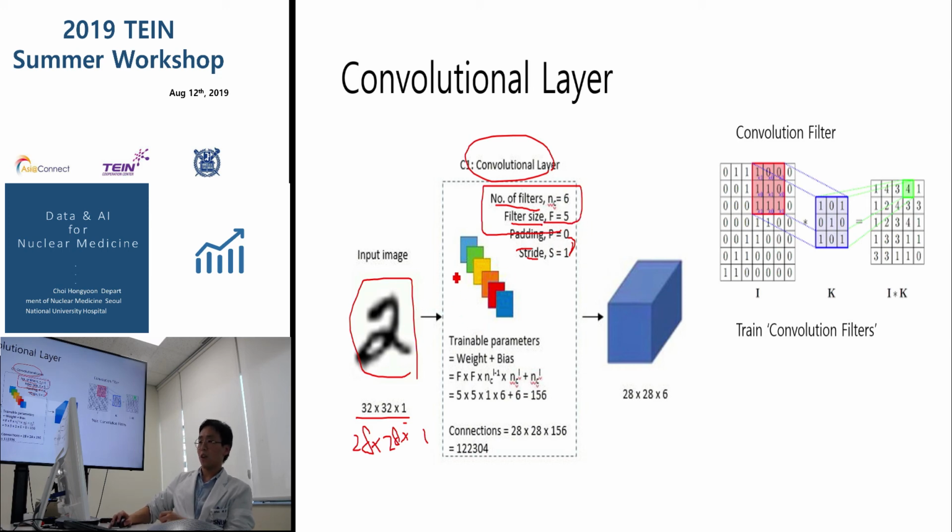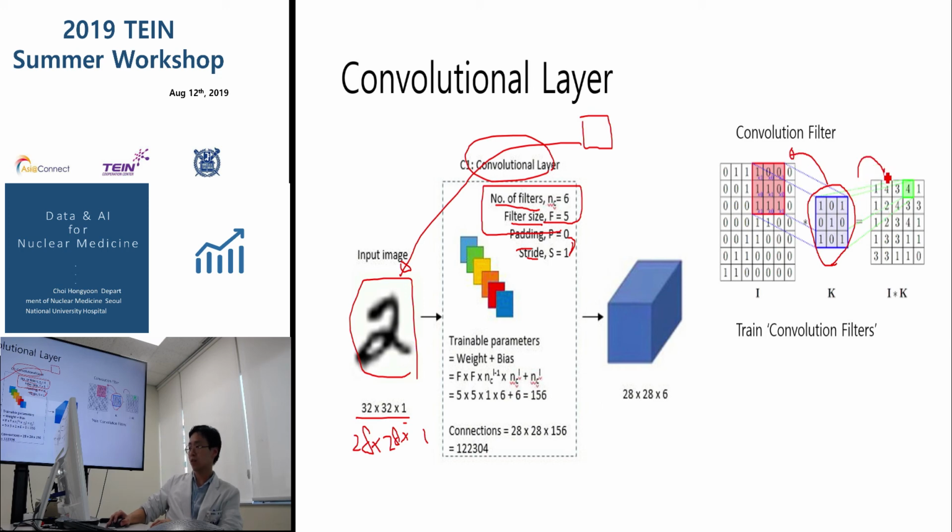So for the first channel, a convolutional layer will be applied to this one. Then this convolutional layer calculates some output like this one. For example, this is the convolutional layer with 1 convolutional filter, and it calculates over the original image and generates some output like this one.